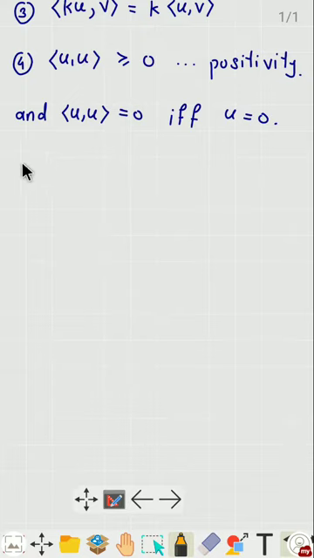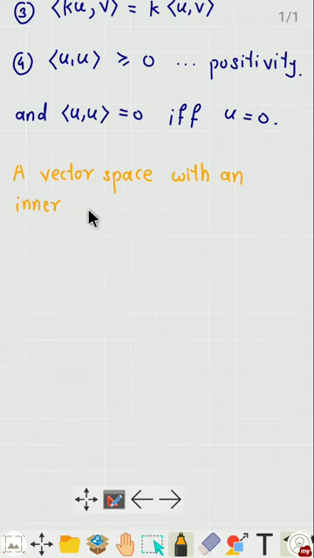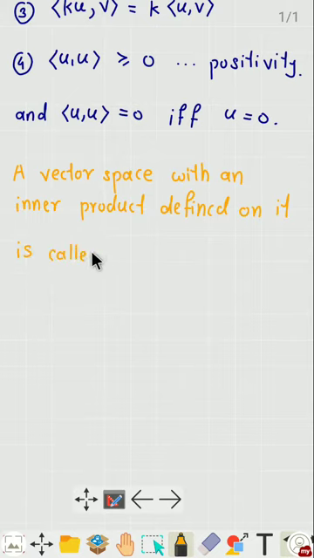A vector space with an inner product defined on it is called inner product space.